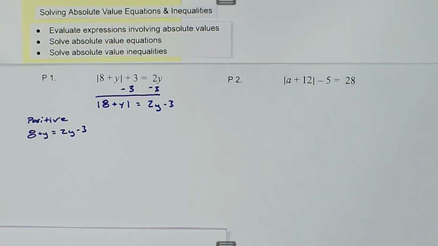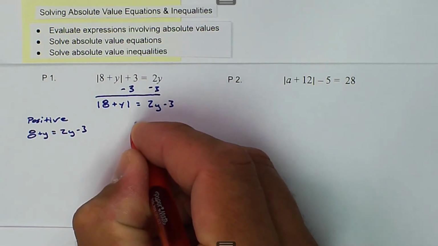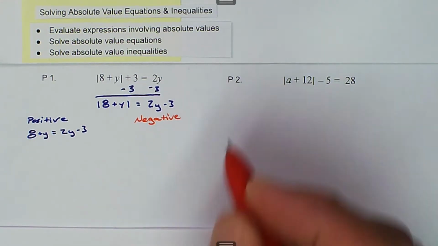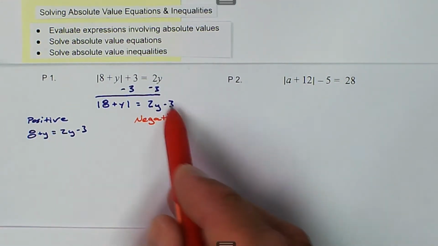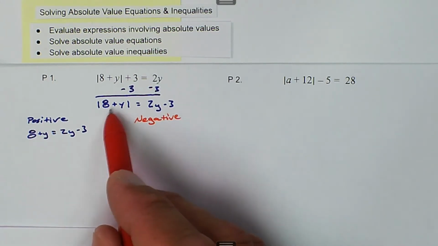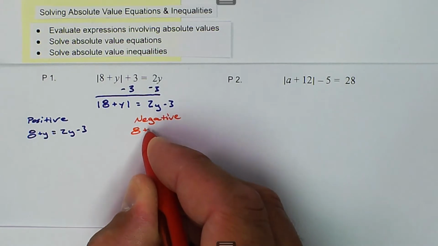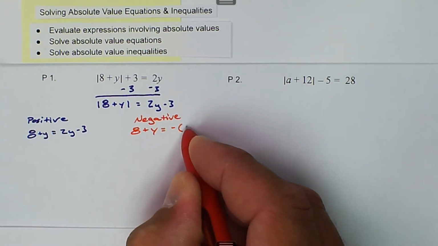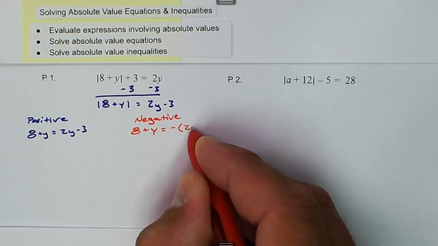Then we also have to solve for the possibility of the solution being negative. In that case, we have to negate the right side of the equation, the side opposite the absolute value. So we'll leave the left side alone, 8 plus y, and check if 8 plus y would possibly be a negative solution.